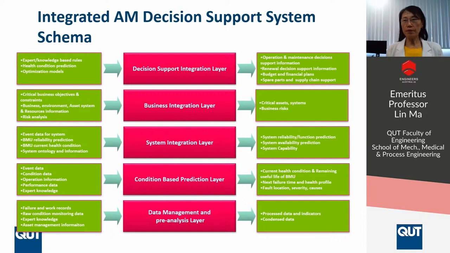But when you implement integrated asset management in your organization, I would suggest you start from the top level, which is to identify important critical decisions for your business regarding your assets, so that you can identify the information and the knowledge you need for those decisions.